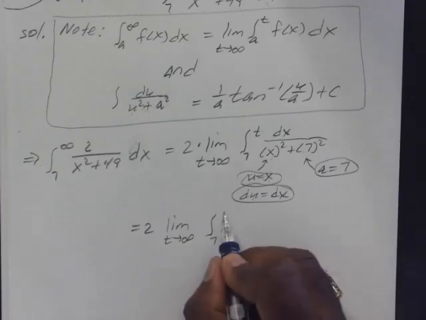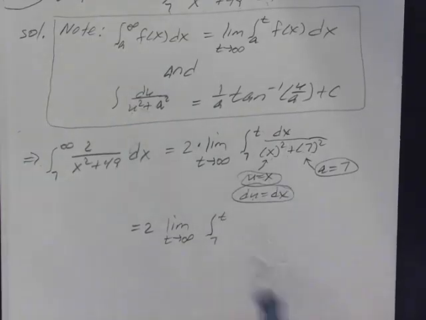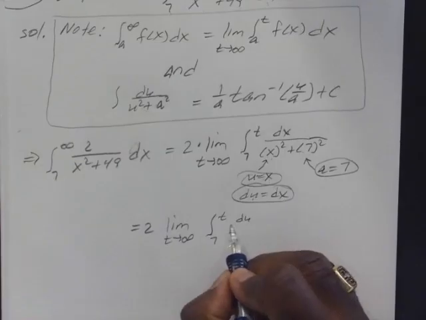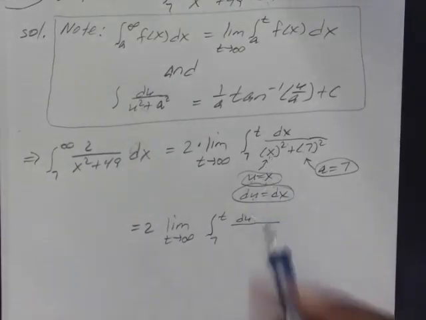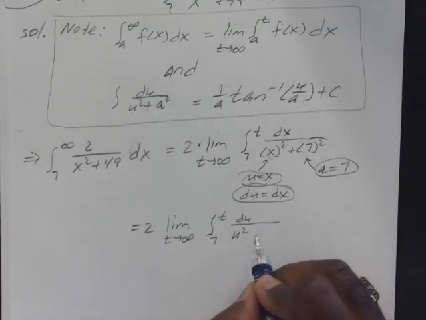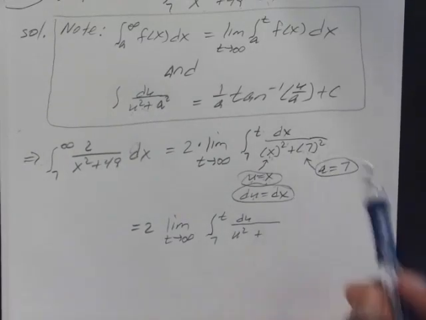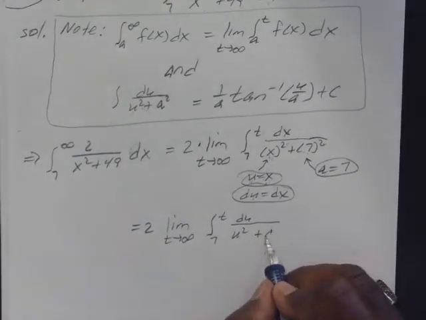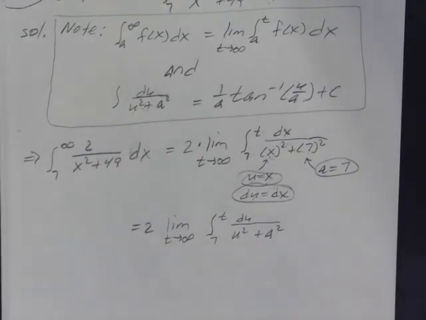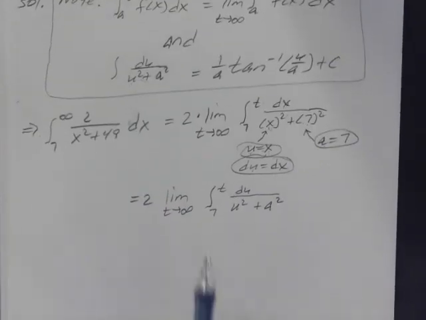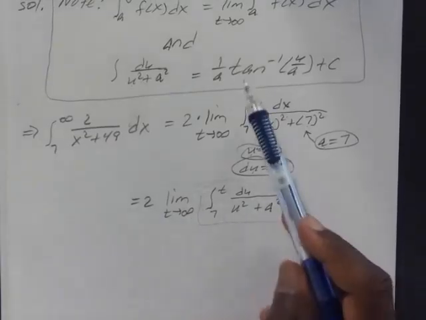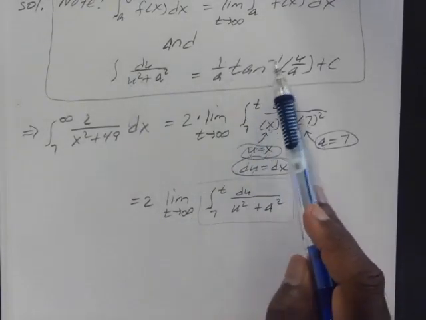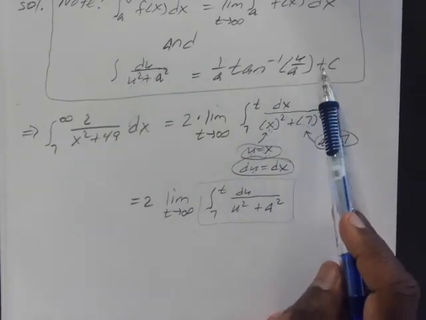Okay, so the integral from 7 to t, that dx we replace with du, divided by that x squared. Well, u is equal to x, so that's just u squared plus 7 squared, that's our a squared. So we know that this integral here, we can replace that with 1 over a times tangent inverse of u over a plus c.